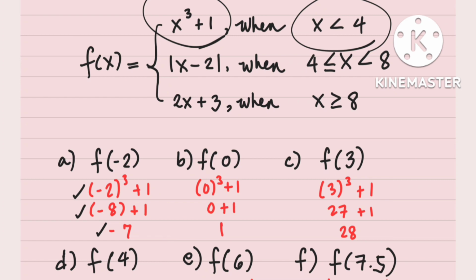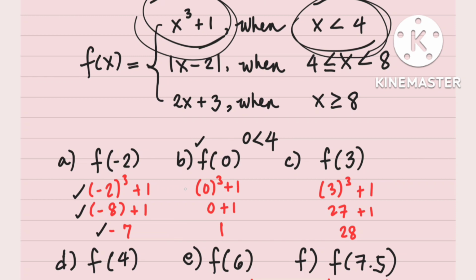Next, if we want to find the value of f of 0, what rule are we going to use? Again, this rule, because 0 is less than 4. It's a number that is less than 4.